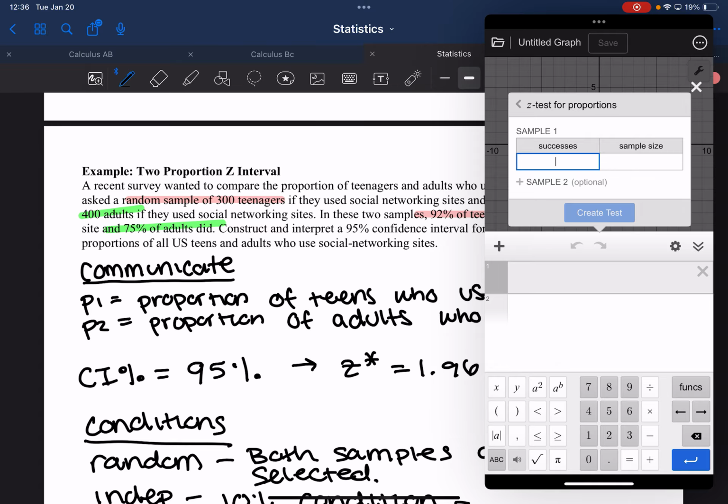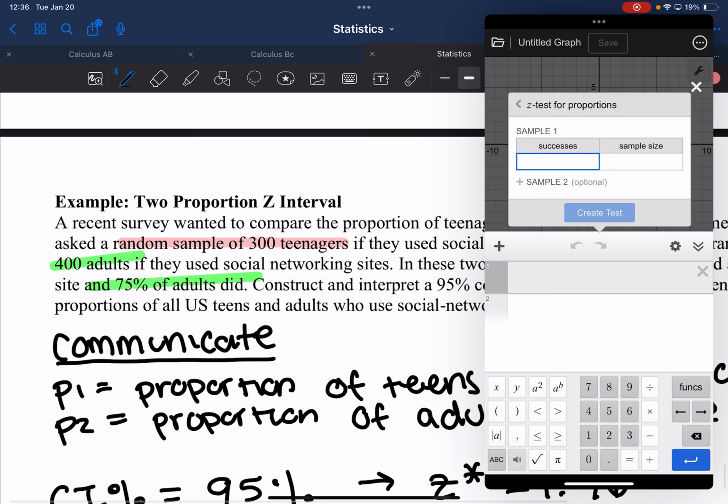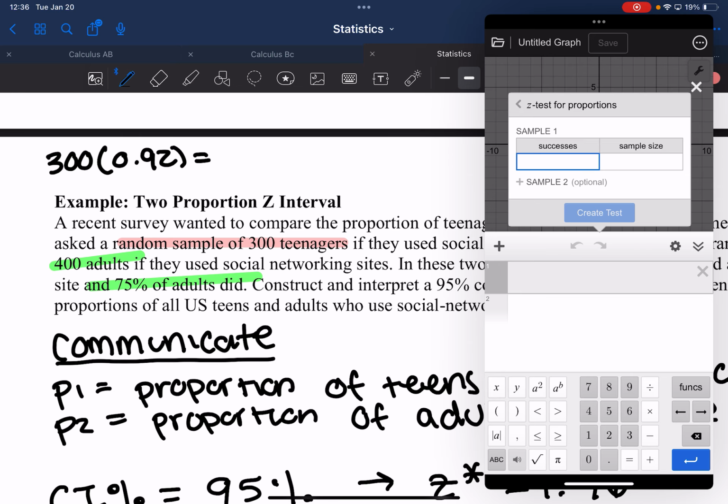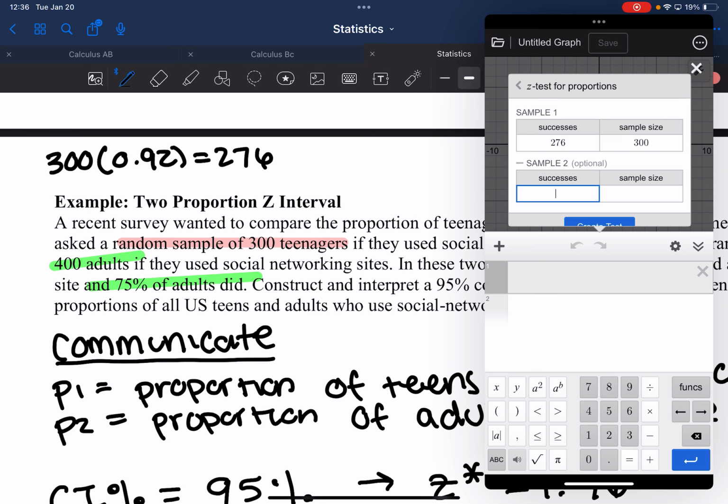So that means I would have to calculate what is 92% of 300. 276? So that means 276 is my successes and 300 is my sample size. Then I would go to sample 2 and I would have to do what's 400 times 0.75? 300? So then for the adults, I would say 300 is my successes and my sample size is 400.